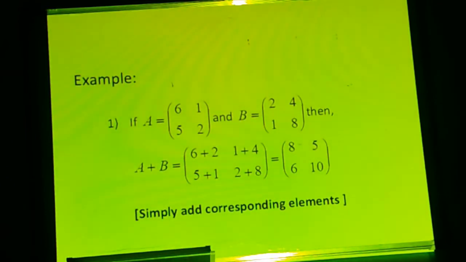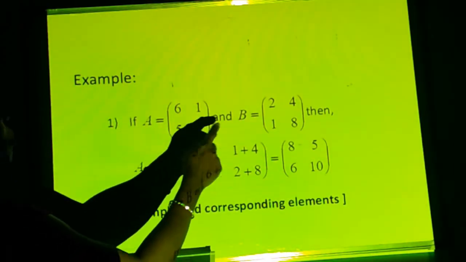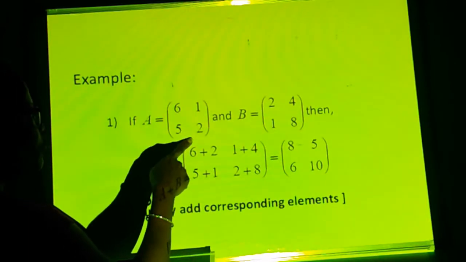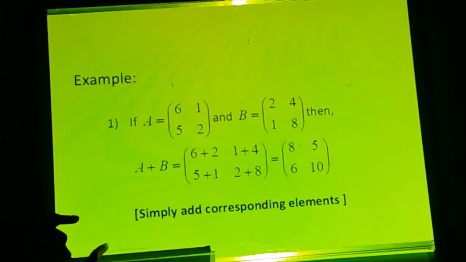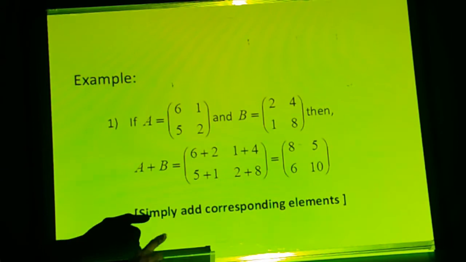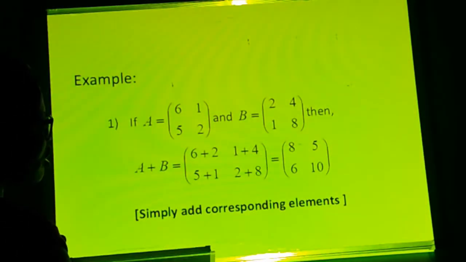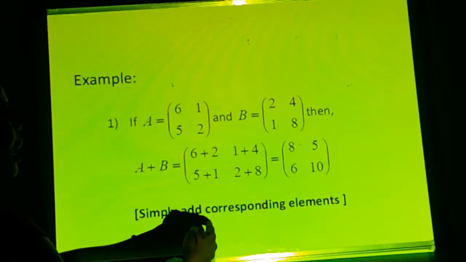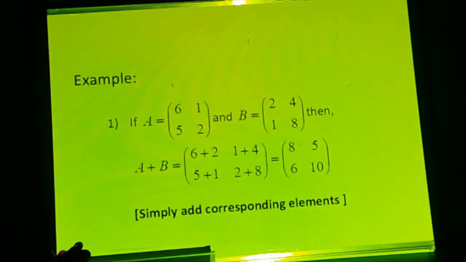And we're asked to add A plus B. Now, look at it. They are both of the same size. This is a 2 by 2, this is a 2 by 2. So we simply add the elements that are in the same position, or add corresponding elements.